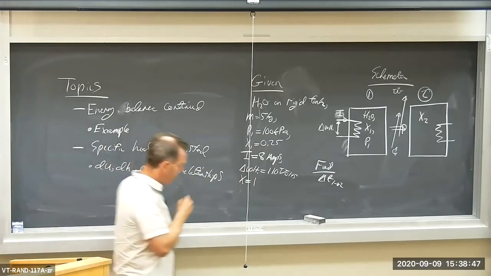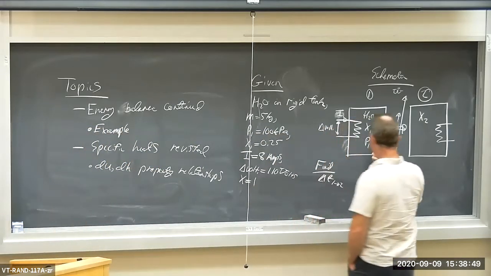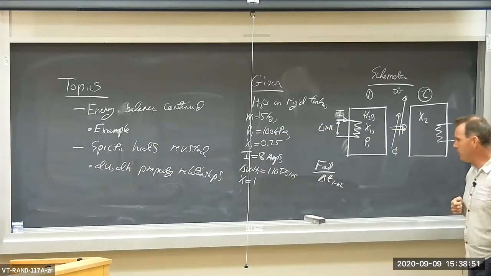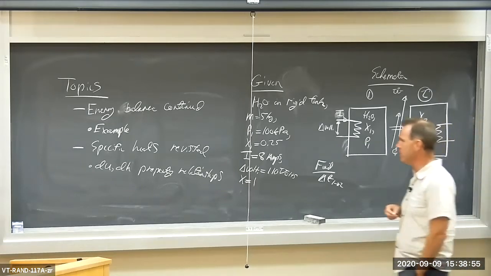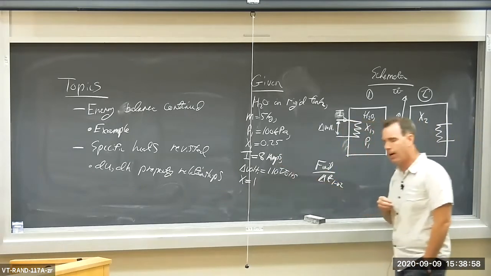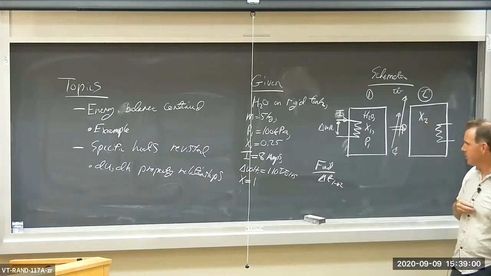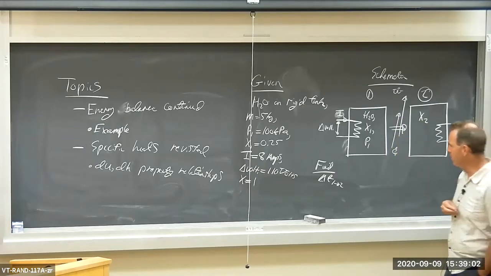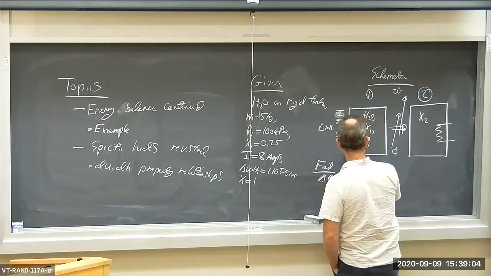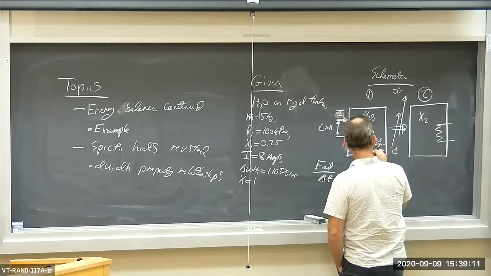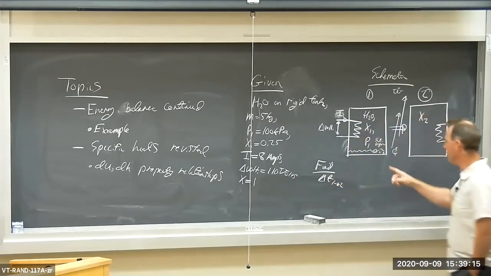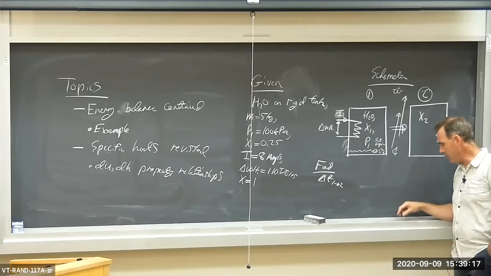We have initially a two-phase system composed of 25% quality. So this is H2O with a quality of 25%. So basically by mass, we got saturated vapor and saturated liquid in a container. Liquid vapor in a container.